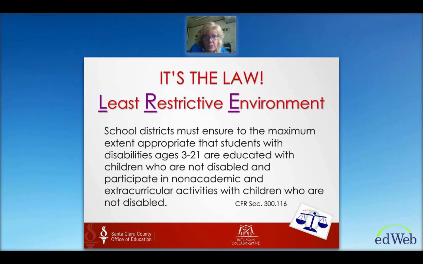It is the law, least restrictive environment. School districts must ensure, to the maximum extent appropriate, that students with disabilities ages 3 to 21 are educated with children who are not disabled and participate in non-academic and extracurricular activities with children who are not disabled.